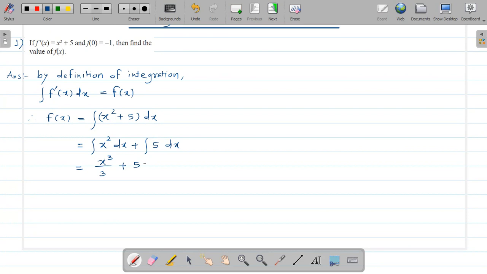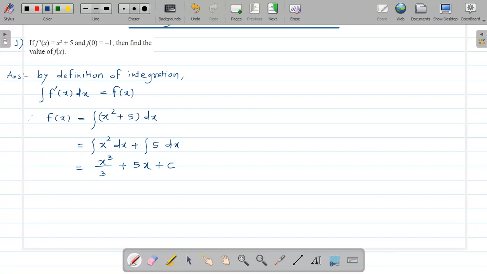Integration of 1 is x, plus you have to write the integration constant. So integration is completed, and by this integration we get f of x is equal to x cube upon 3 plus 5x plus c. Now we have to determine the value of c also, and for that f of 0 is equal to minus 1 is given to you.